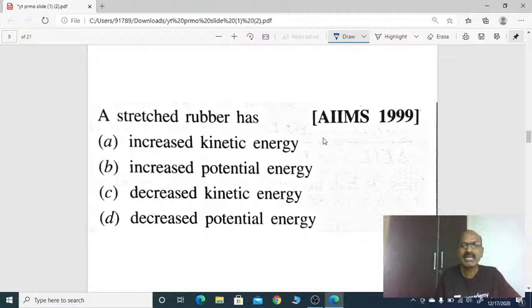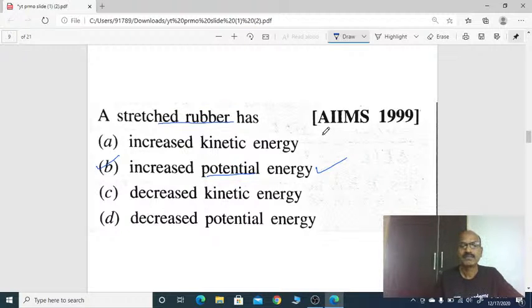So the potential energy increases, right? So a stretched rubber has option B, increased potential energy, because the work done is stored as elastic potential energy in the rubber.